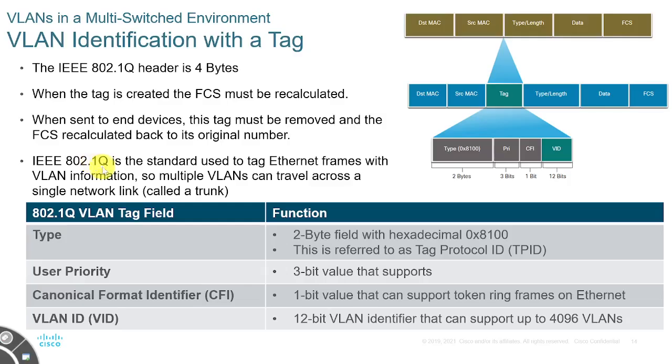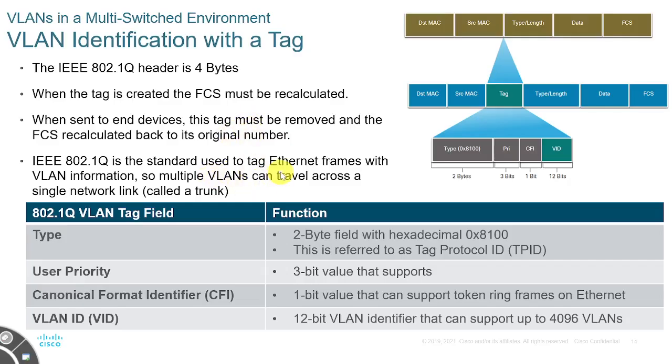IEEE 802.1Q is a standard used to tag Ethernet frames with VLAN information. It means that we add this tag to differentiate the VLAN traffic throughout the trunk.